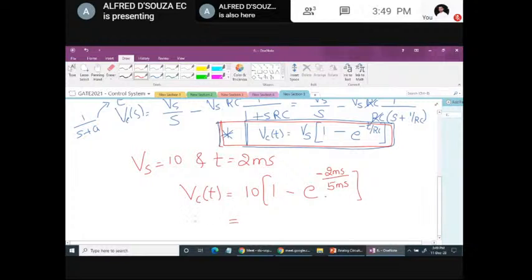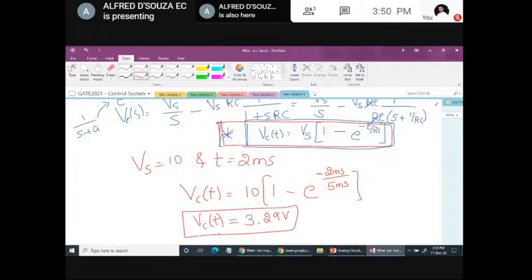So substitute and calculate, and you will get a value of 3.29 volt. So this is the solution for this problem. This is one very important problem. You will get similar problems in the GATE examination.